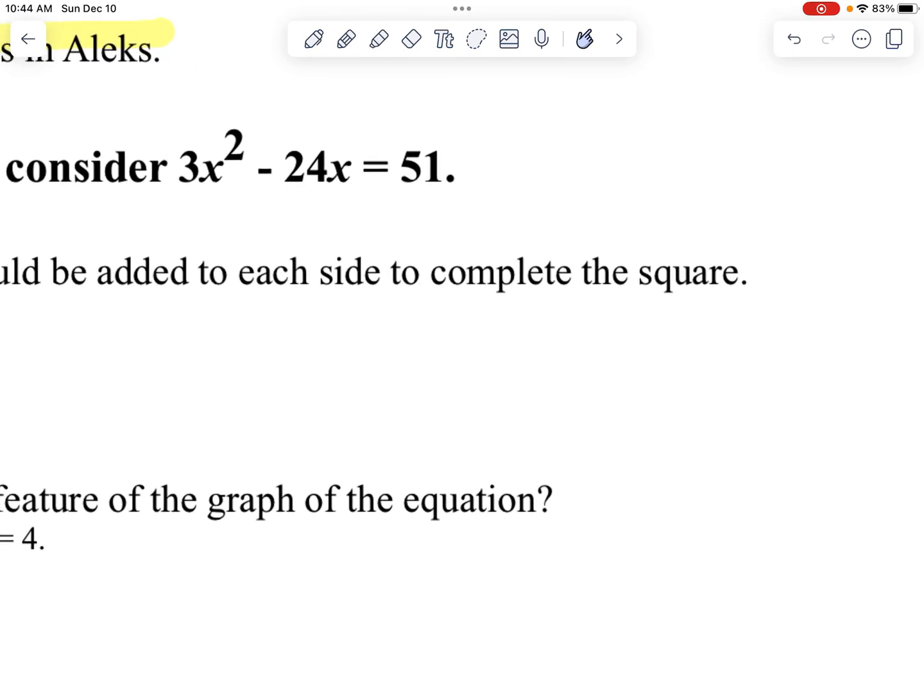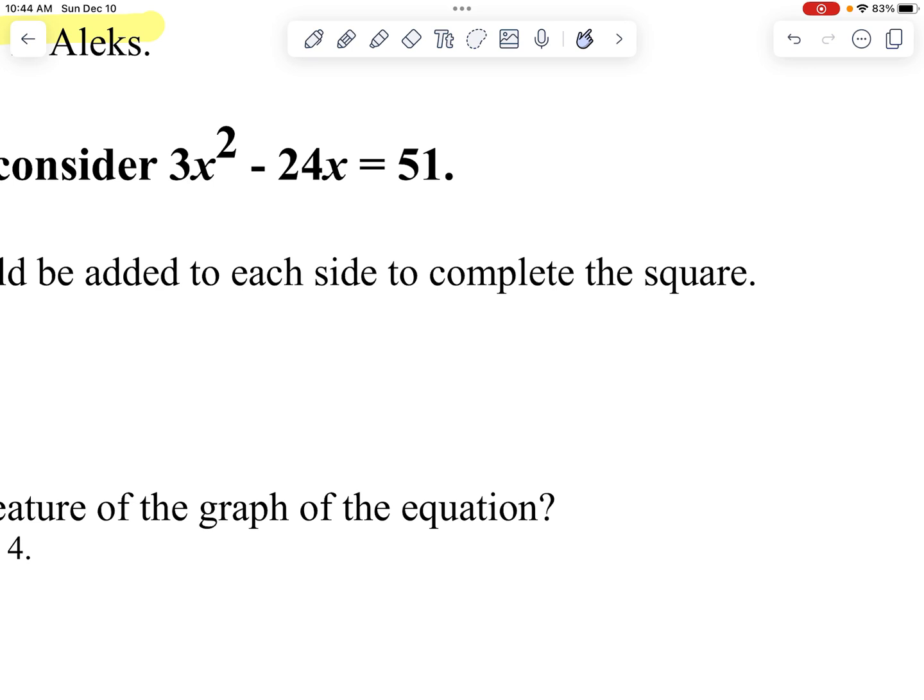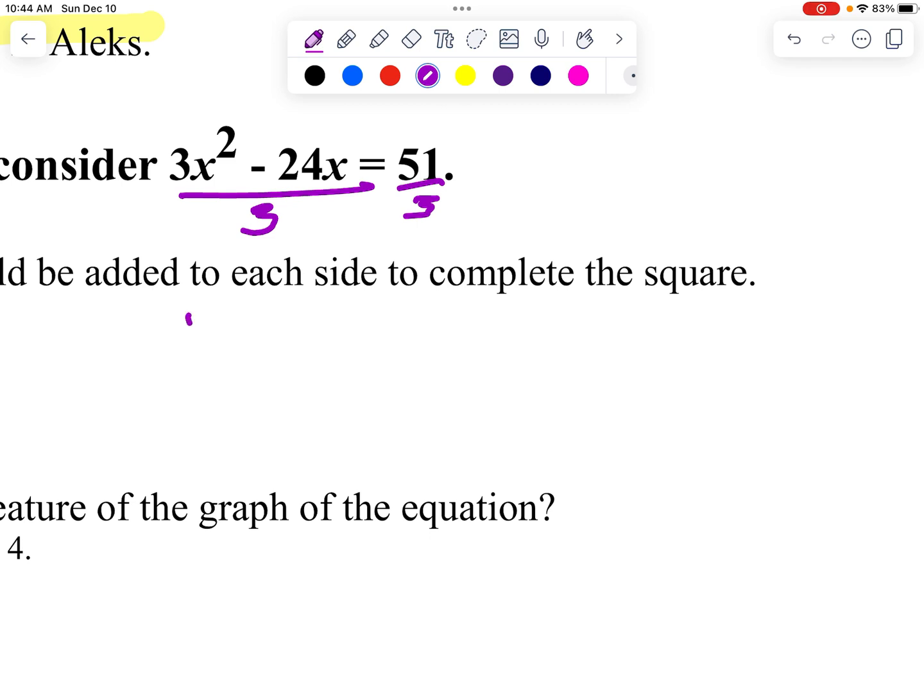Now, on question 19, we want to know what you would add to each side. But before we do that, remember we have to divide both sides by 3. So that we're going to get x squared minus 8x equals 51 divided by 3 is 17.